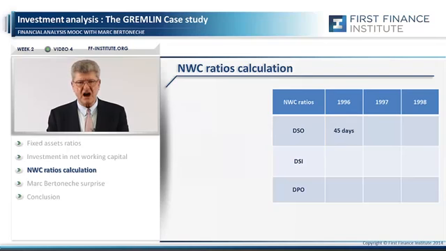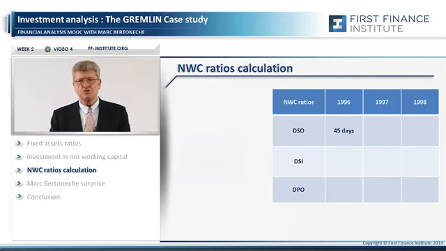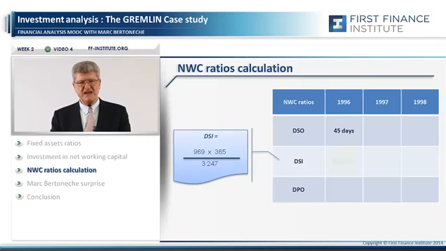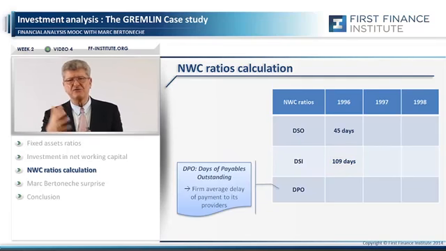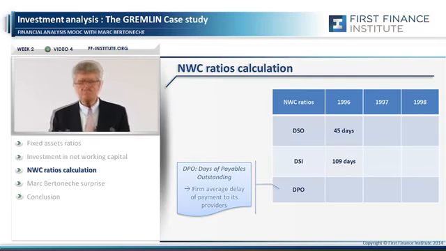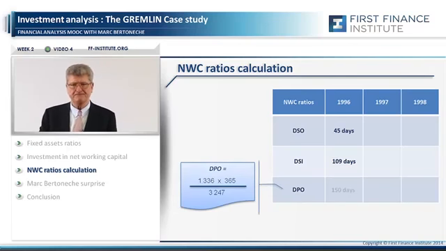What about DSI? The days of sales in inventory. This is equal to 109 days. And finally, DPO, days of payables outstanding, the average payment period to my suppliers, and this turns out to give you 150 days.